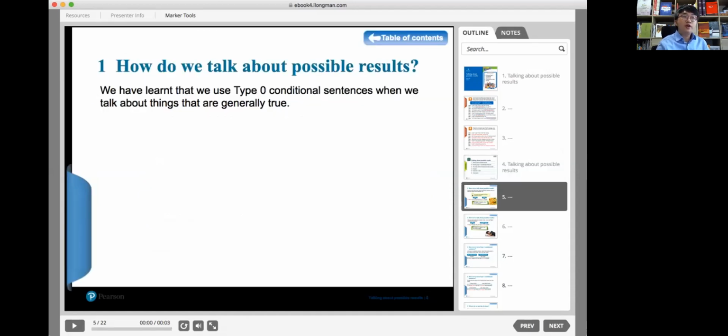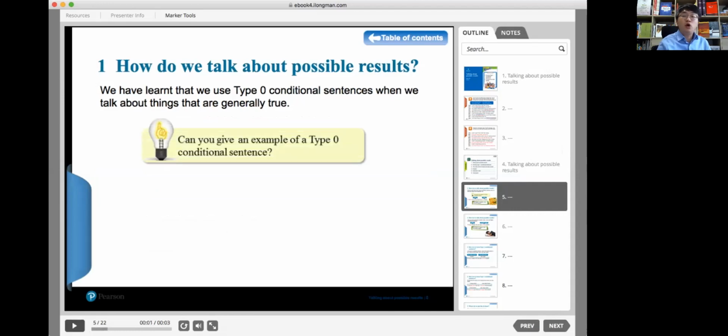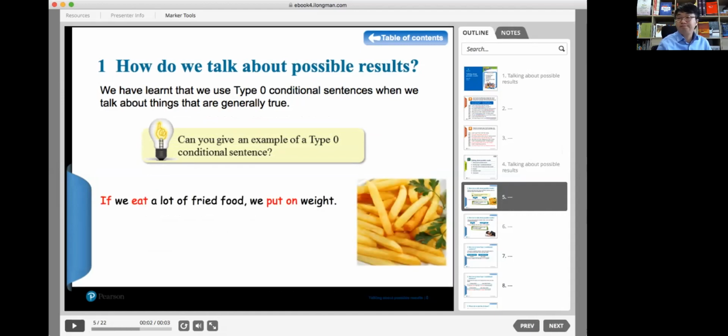So, we've learned that we use type 0 conditional sentences when we talk about things that are generally true. Do you still remember what a type 0 conditional sentence is? You learned it when you were in secondary 1, type 0. Like this one. If we ate a lot of fried food, we put on weight.